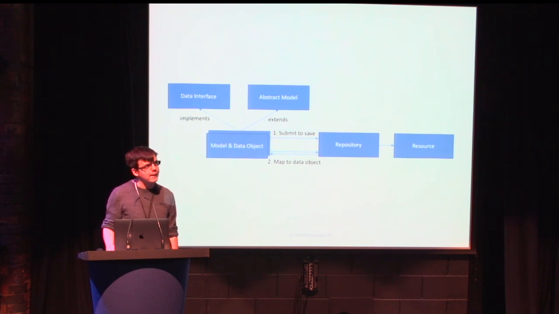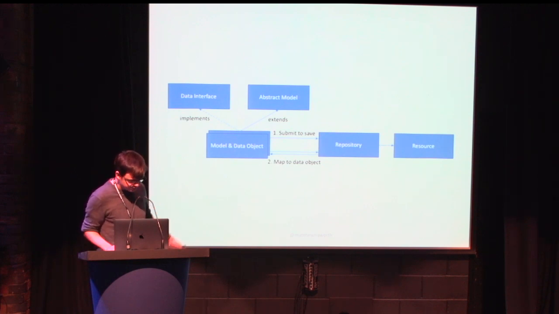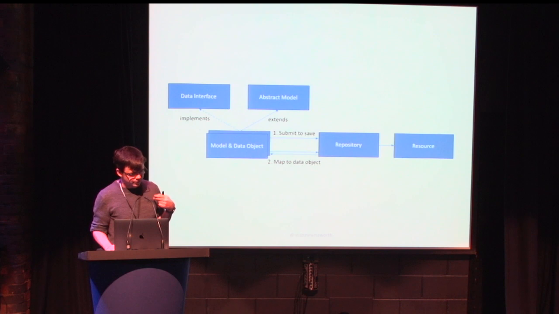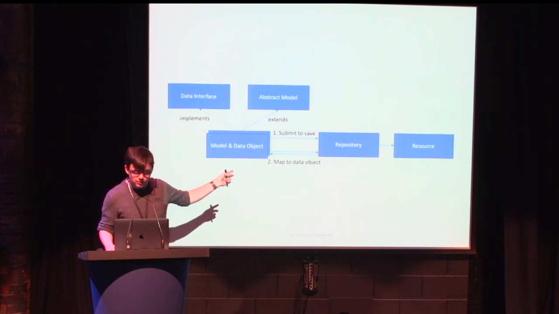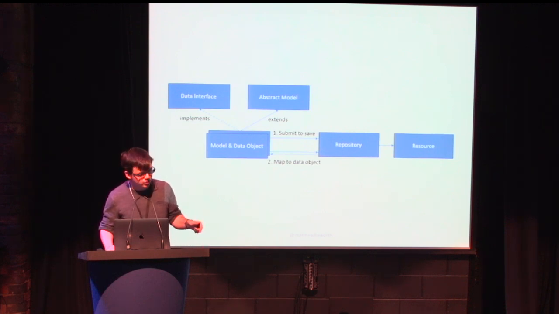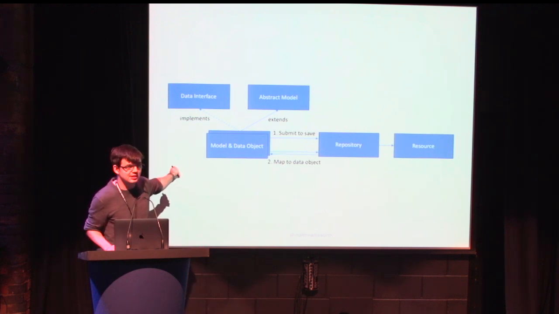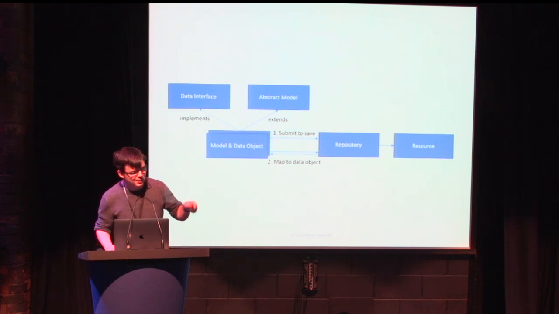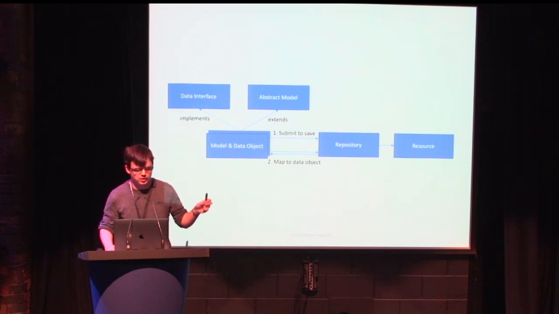But at the same time, within the repository, I don't want to assume that the event interface I've been given is an abstract model, because the second I assume that, I'm losing a lot of value. So the only way to go about it from my point of view is to implement both, pass that object to the repository, within that repository, map back to a new object, and then pass it to the resource as something that I know is an abstract model.